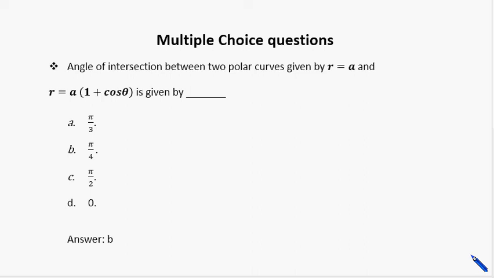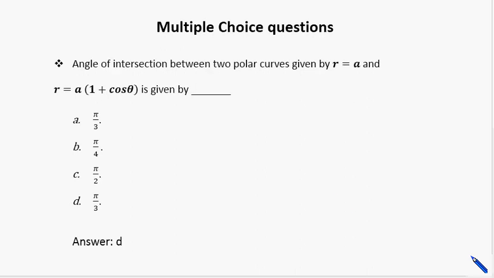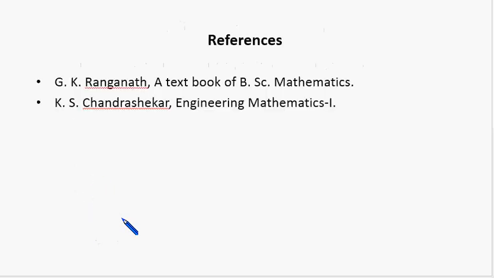The answer is B. The next one: the angle of intersection between two polar curves r is equal to a and r is equal to a of 1 plus cos theta is given by: option A pi by 3, option B pi by 4, option C pi by 2, option D pi by 3. The answer is pi by 3.